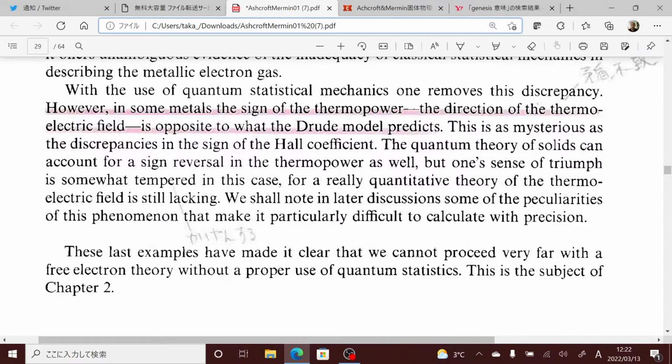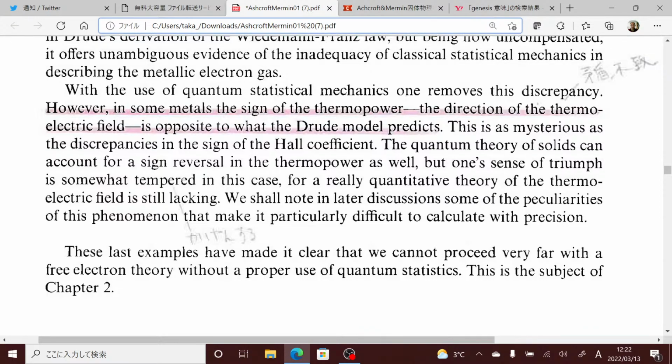The quantum theory of solids can account for a sign reversal in the thermal power as well, but one's sense of triumph is somewhat tempered in this case.